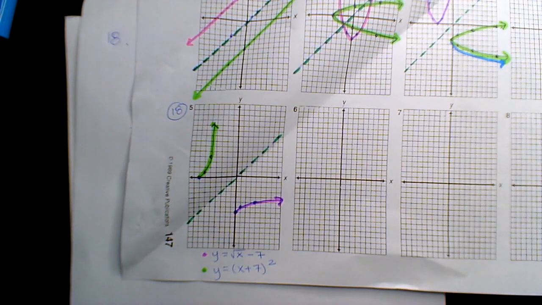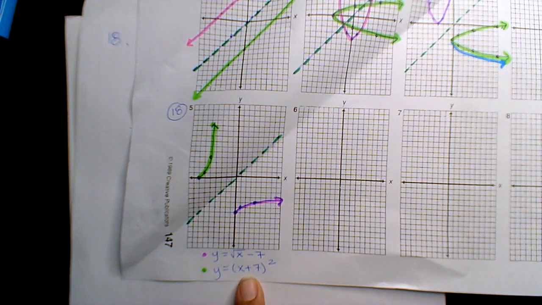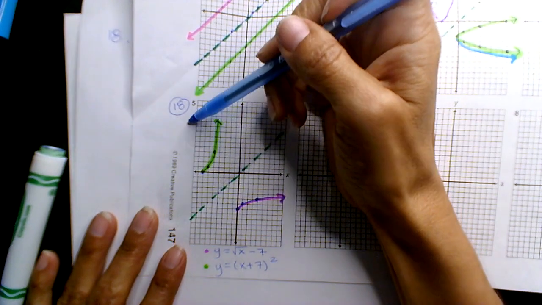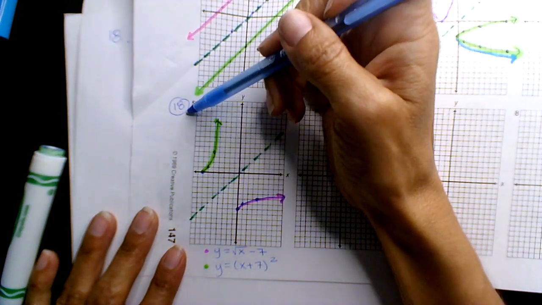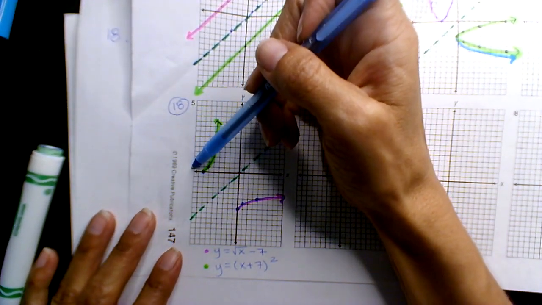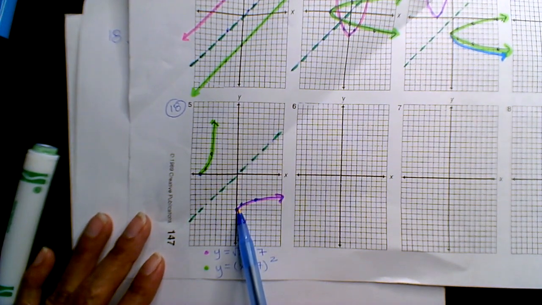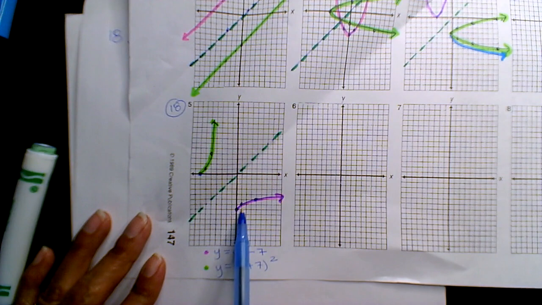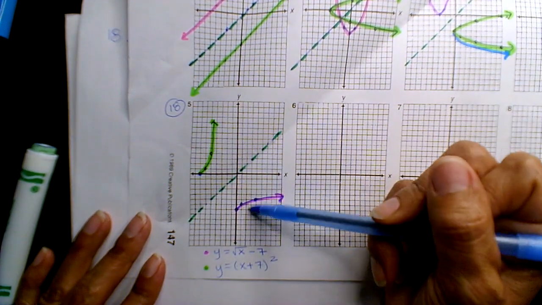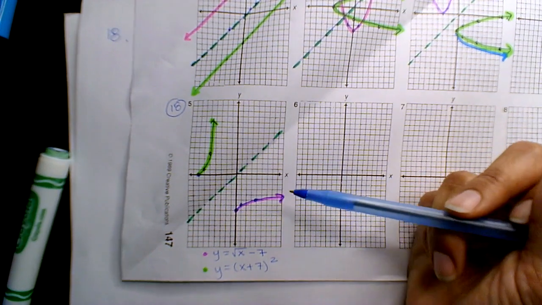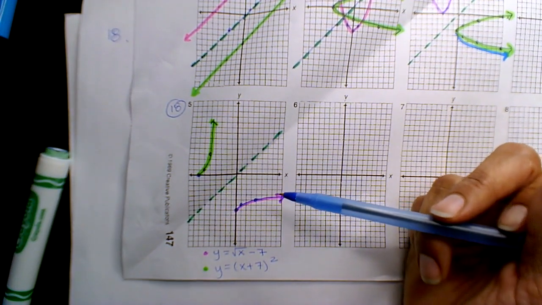When you go into Desmos and type this in, you're going to get the other side of the parabola, this left side. But it's not there because you started with y greater than or equal to negative 7, and it has to pass the vertical line test. The vertical line test says it can only cross the function once.